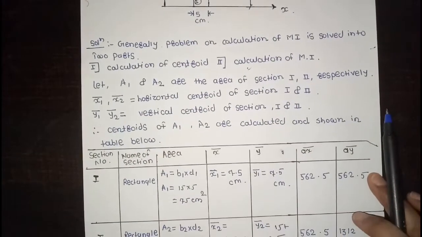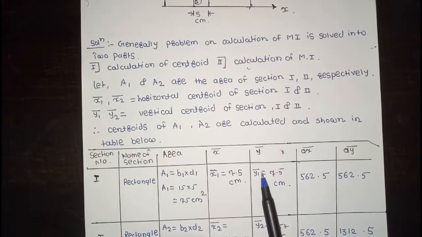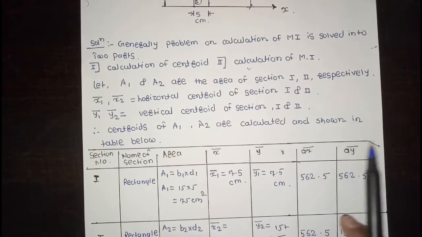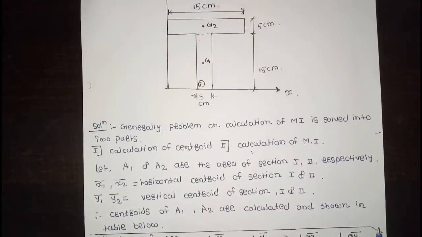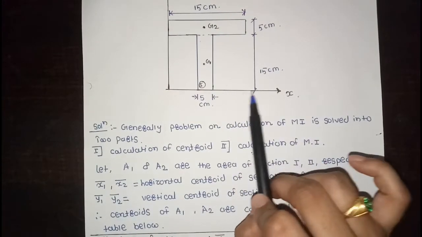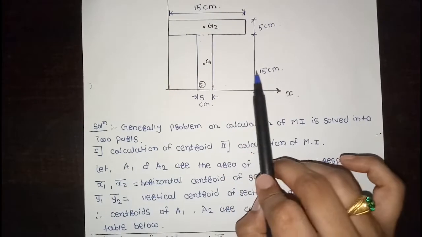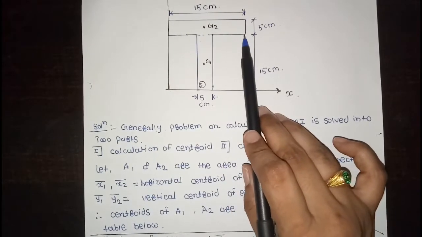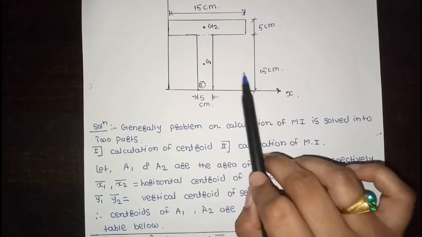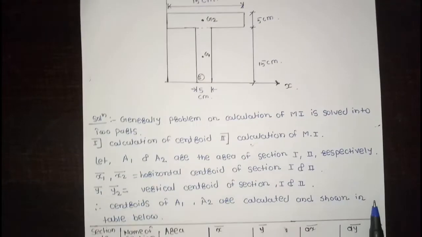So X1 bar is 7.5 centimeter. And Y1 bar means the distance between point G1 and the base of the x-axis. The total web section is 15 centimeter, and half the distance is 15 by 2, which is 7.5 centimeter.